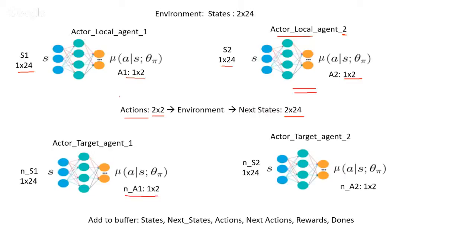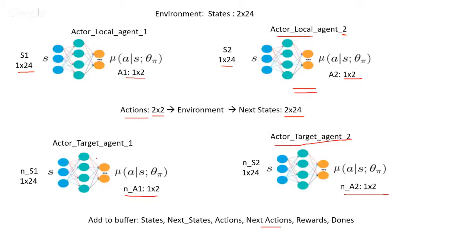So this was actor local, this is actor target. I input the lower row and call it next state 2, input it to actor target of agent 2, and I get NA2. Now I'm going to stack these together and call them next actions.